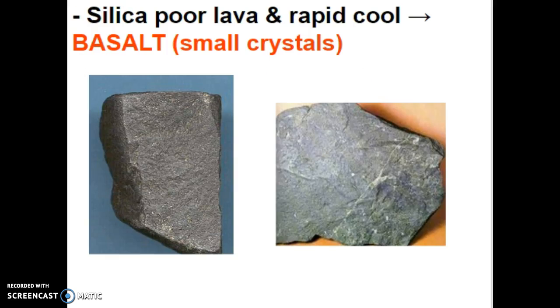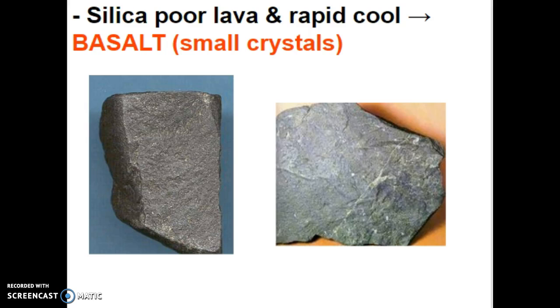If the silica levels are very poor in the lava and it cools off very rapidly, we would get an example of a basalt. Basalt is often the type of rock that is found in oceanic crust. It's dark and dense, again, because it has silica poor levels.